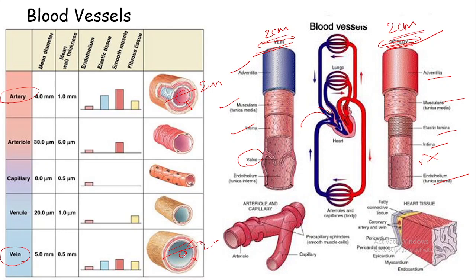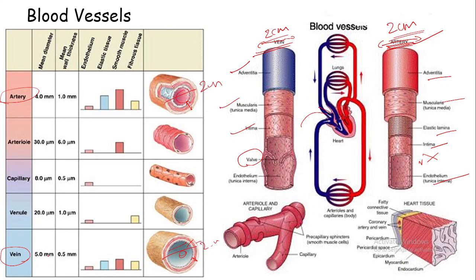Understand this difference. So arteries have thick walls and narrow lumens. Arterioles are branches of arteries, and capillaries are the finest blood vessels which reach out to almost every cell.